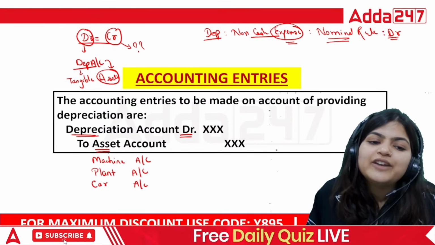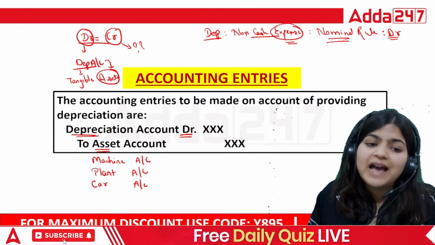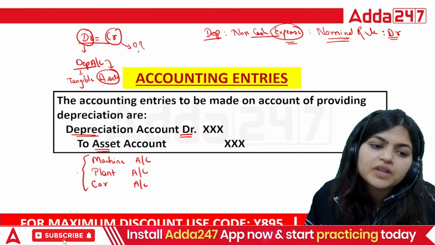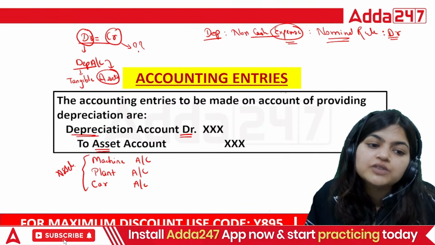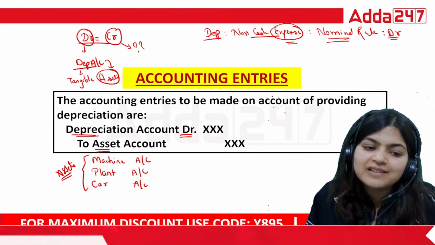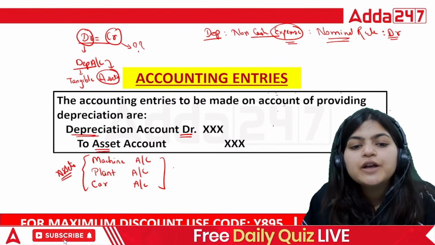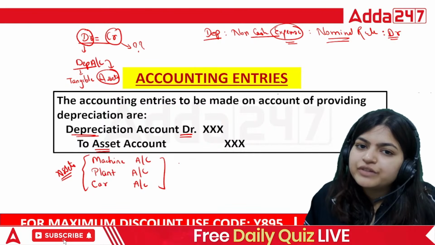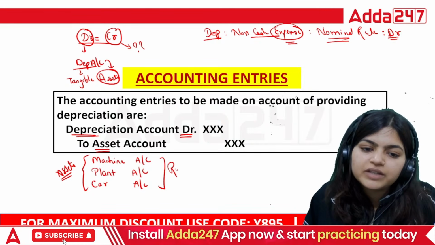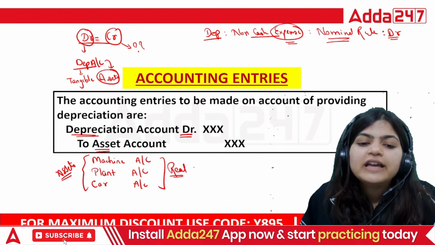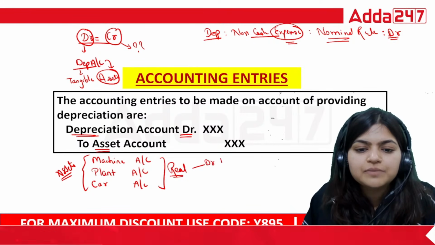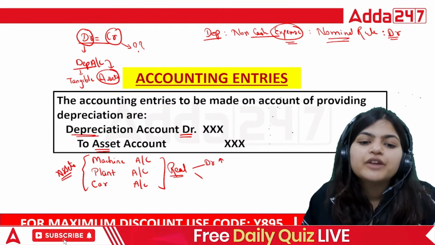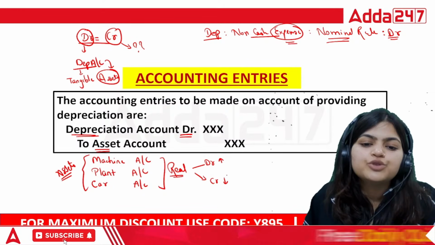Now, why are we showing machine, plant, assets on your credit side? Because we are following a rule. Which golden rule are we following here? Real account. As per real account, debit means what comes in, which increases the value. If you want to reduce the value, you need to show credit.